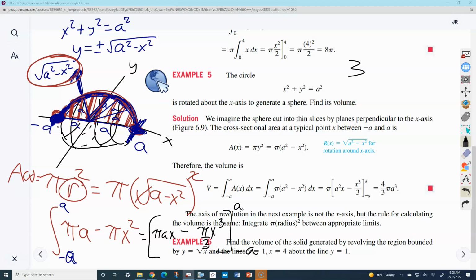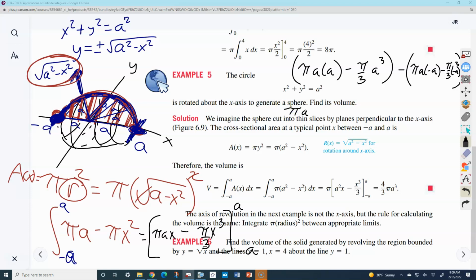So I need some room. I don't have a whole lot of room. That's going to be pi a times a minus pi over 3 a cubed minus pi a times negative a minus pi over 3 times negative a cubed. So what would that be? That would be pi a squared minus pi over 3 a cubed.